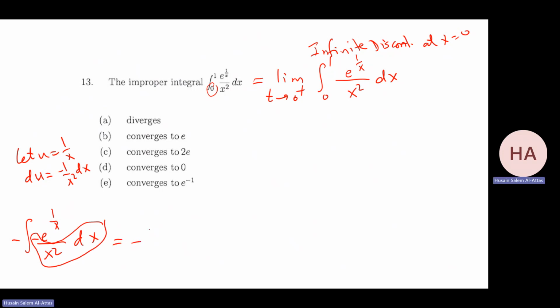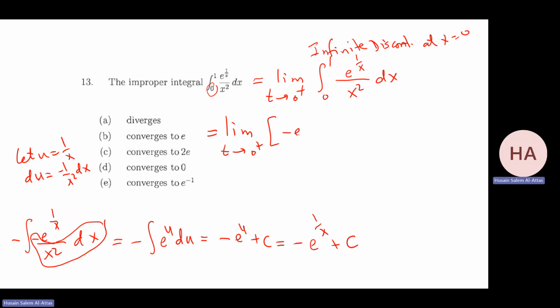So I have minus e to the u du, and that will be equal to minus e to the u plus c, and that is minus e to the power 1 over x plus c. Okay, so for this integration, now I need the limit, from t to 1.